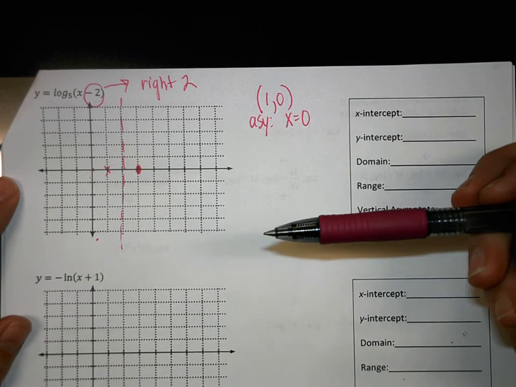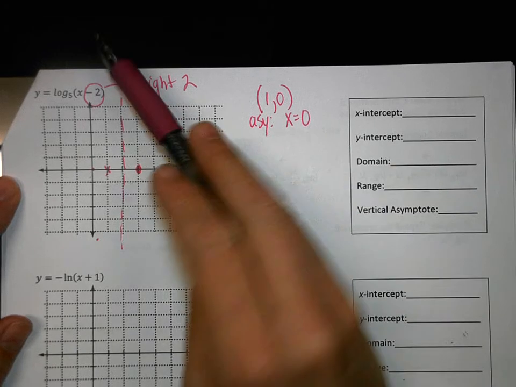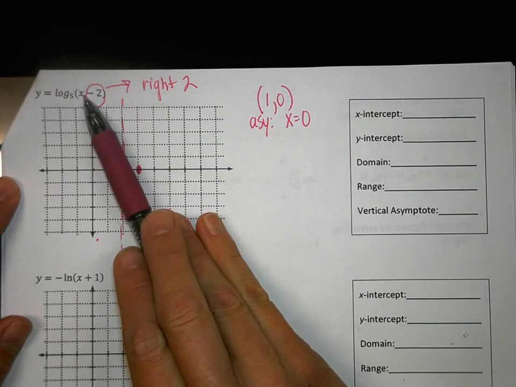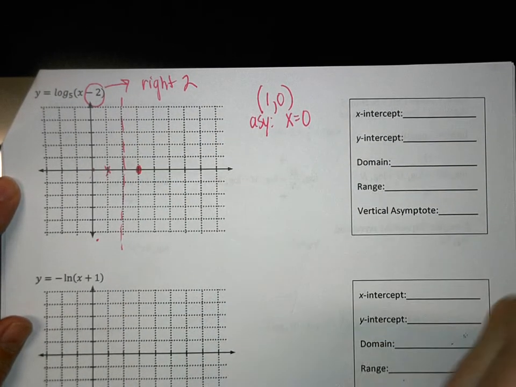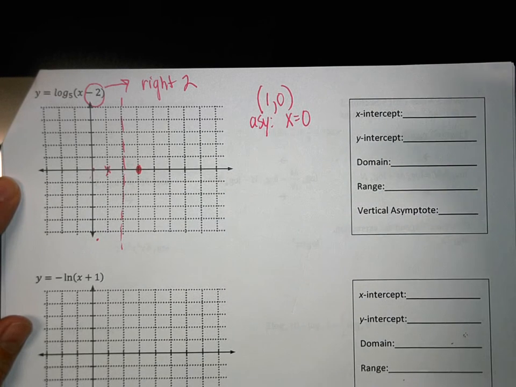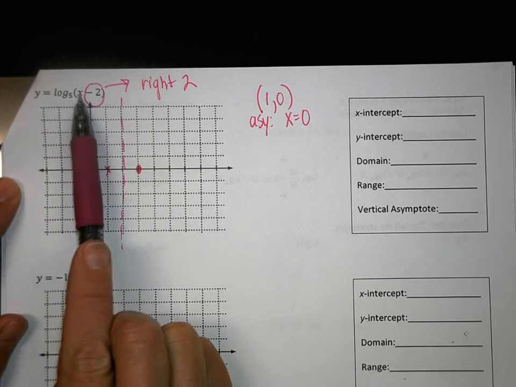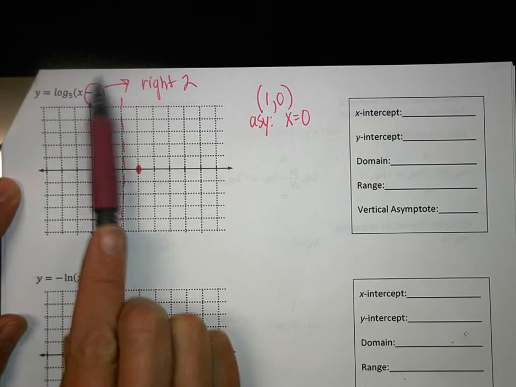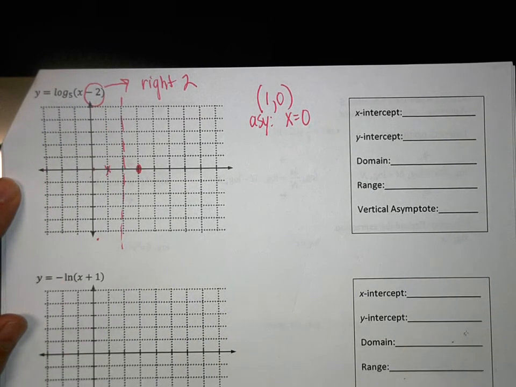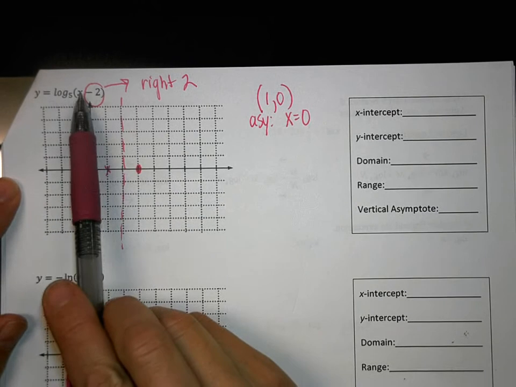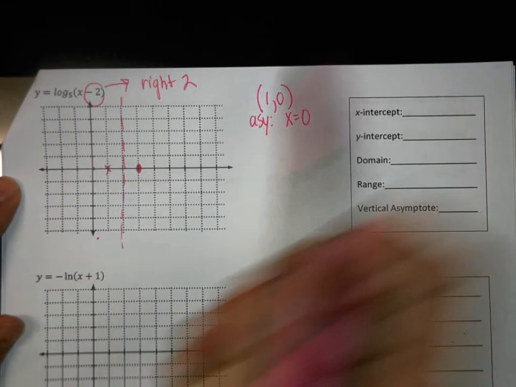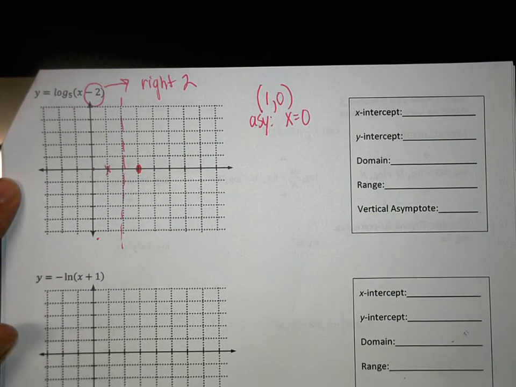We could easily find another point by plugging in something here. I would suggest that you always find at least one more point to make sure it's slightly accurate. So if I am dealing with base 5 here, what would be a great value to plug in here to make it work out nice? Well, if you plug in 5 here, you get 5 minus 2, which is 3. So what could I put in here in order to make it 5?